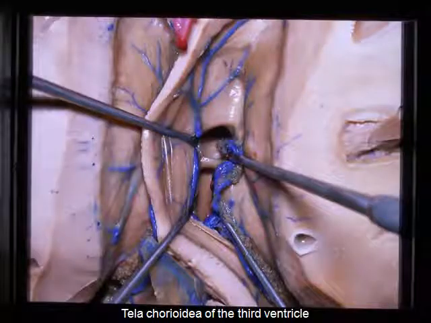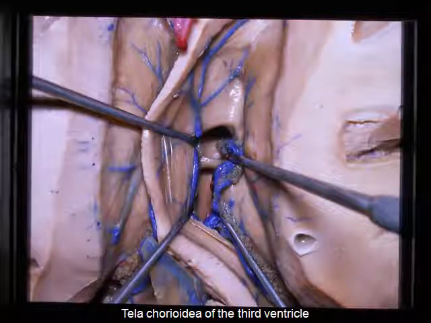The telechoroidea of the third ventricle. Telechoroidea ventriculi tertii, velum interpositum, is a double fold of pia mater, triangular in shape, which lies beneath the fornix. The lateral portions of its lower surface rest upon the thalami, while its medial portion is in contact with the epithelial roof of the third ventricle. Its apex is situated at the interventricular foramen.